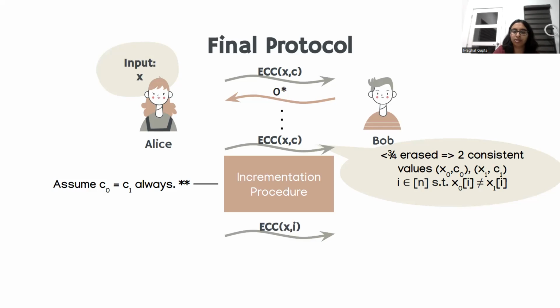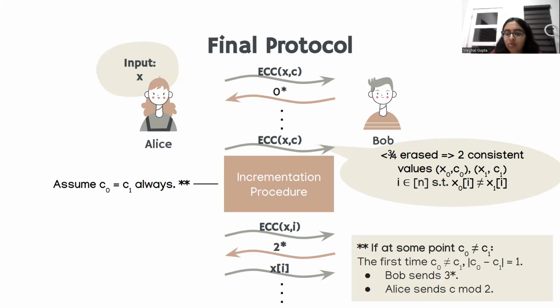Then eventually Alice is going to send over ECC of x, I, and Bob will receive this because her value has reached I. Then Bob sends over his third code word, 2 star, to indicate to Alice that she has successfully reached the counter value of I. Then Alice sends over xi for the rest of the protocol. And as we said earlier, Bob will eventually receive a single bit of this message at least, and therefore will learn which of x0 and x1 was real.